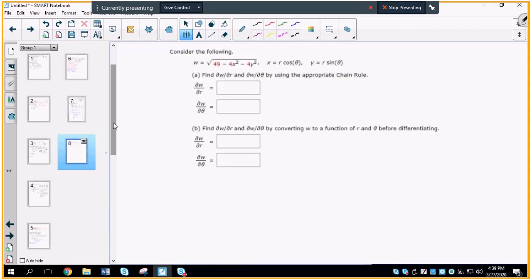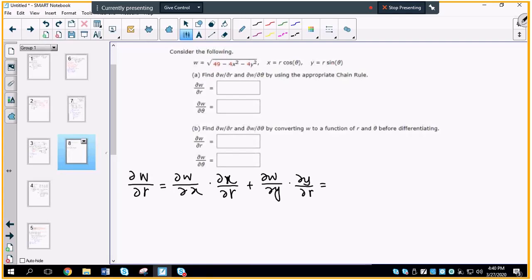So first, chain rule. I'm interested in finding del w del r, which of course is del w del x, as you can imagine the derivative is not going to be simple, times del x del r plus del w del y times del y del r. So let's try to understand. Del w del x, you will treat it as a square root function.